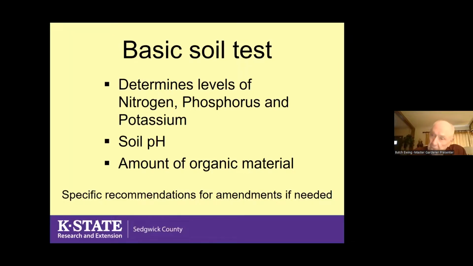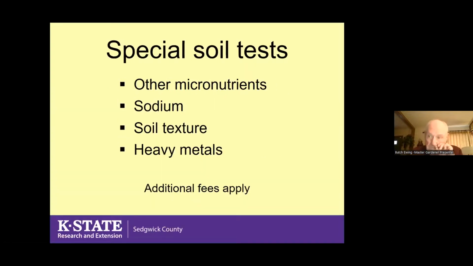And the recommendation will be based on growing whatever it is you have indicated you want to grow in. And that can vary depending upon what you want to grow. Now, besides the basic tests, there are special tests for other micronutrients.